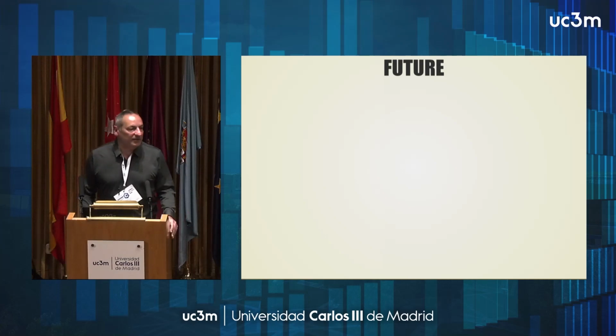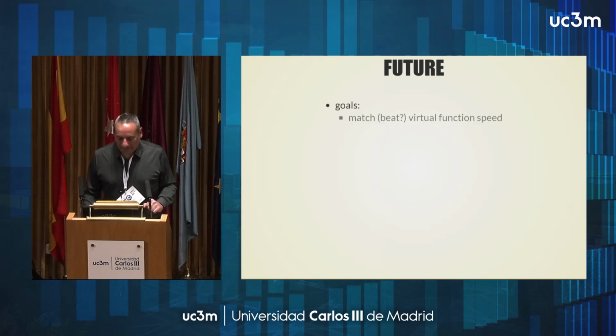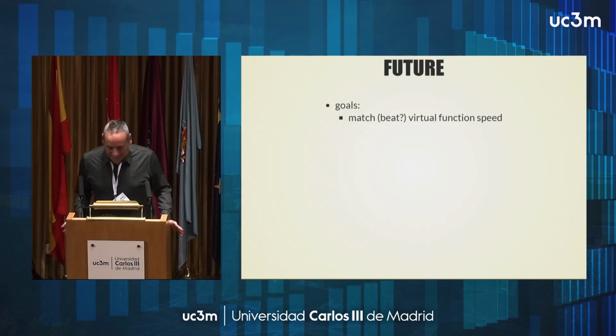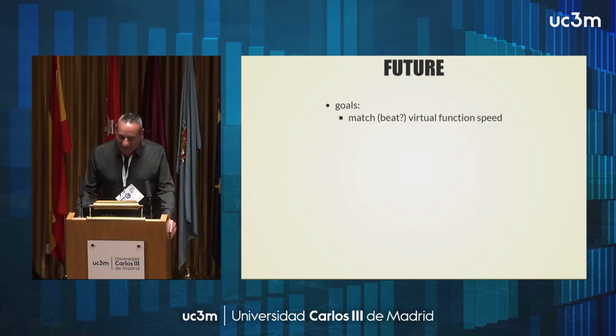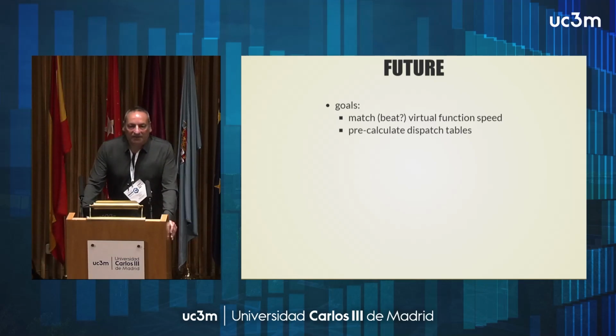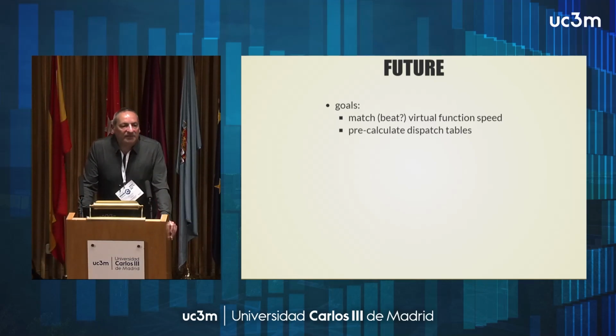So all this is already available in version 1.5.0, and I have ideas for future developments. I think I'll be able to, well, certainly match the speed of virtual functions and maybe go faster under certain conditions. I want to make it possible to pre-calculate the dispatch table.